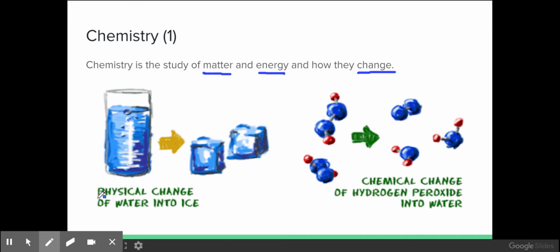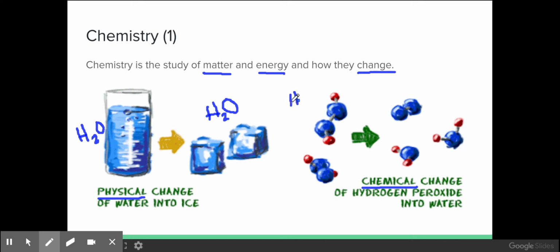You're going to see these words come up, physical versus chemical, several times throughout this unit. A physical change is a change in which we are maintaining the identity of a substance. So when something freezes, like water, it's still water at the end of that process.